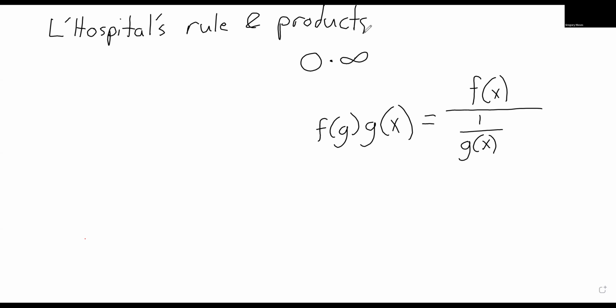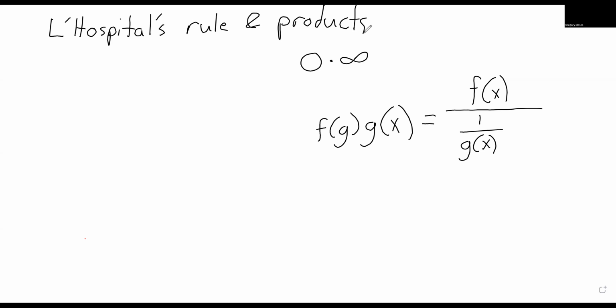If you do this rewriting, it will be an indeterminate quotient. In reality, this is very limited, and it's very limited because usually 1 over g of x is going to be a more complicated function than g of x, and it's just going to kind of get worse as you take derivatives instead of better.